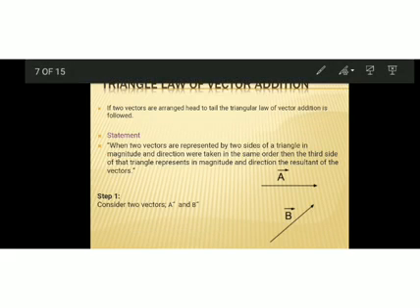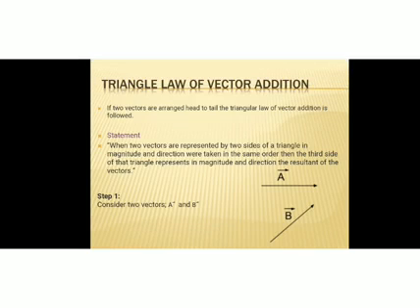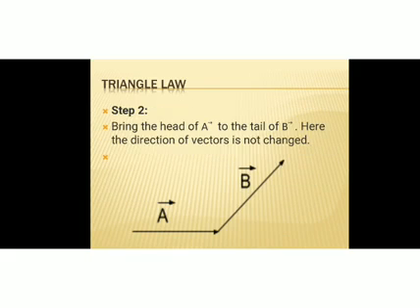This was the direction of vector A, towards the right, and this was the direction of vector B. And whenever we join the head of vector A with the tail of vector B, the direction has not changed. Still A is acting towards the right and B is acting towards this direction, the same direction. Now what is the next step?